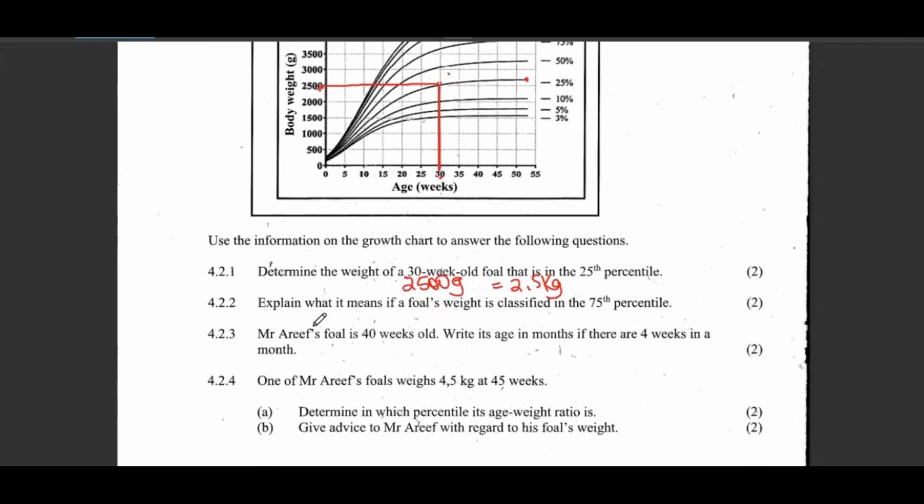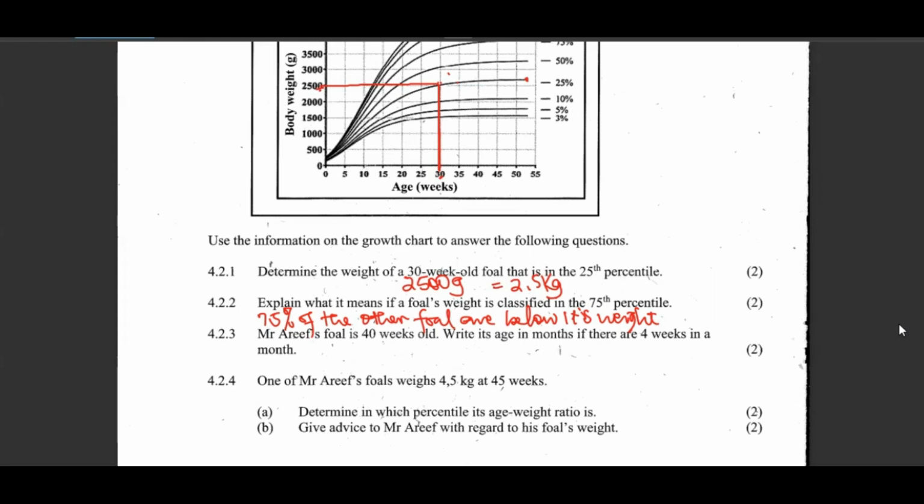Explain what it means if a fowl's weight is classified as 75th percentile. It means 75% of the other fowls are below its weight, or 25% are above its weight.